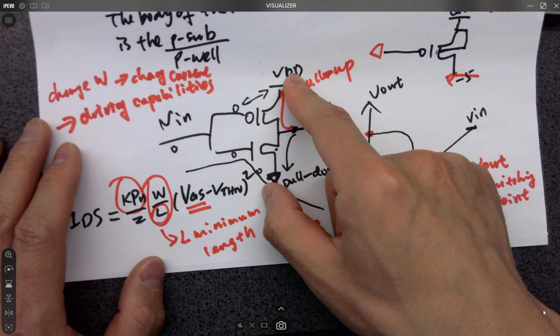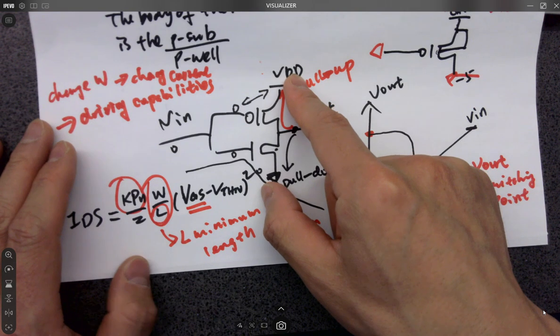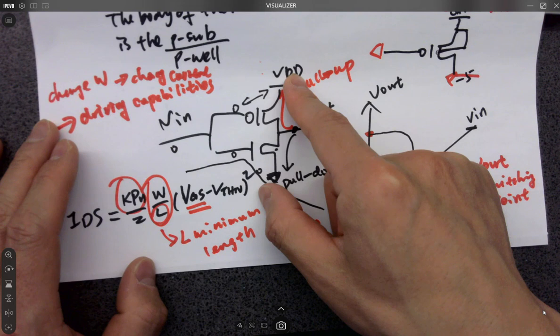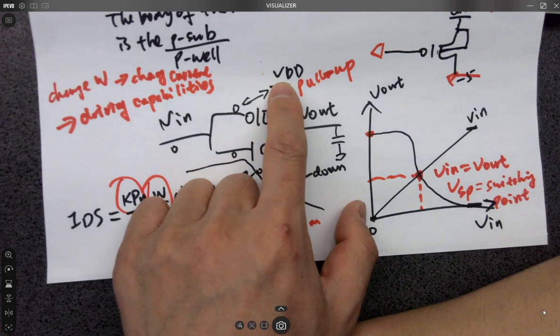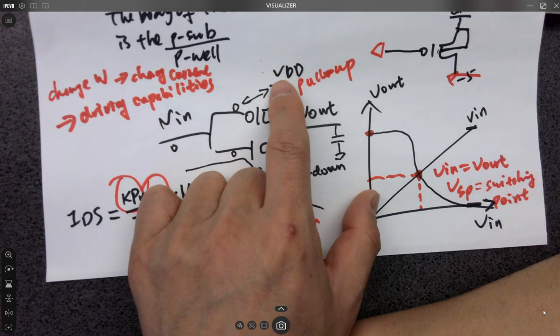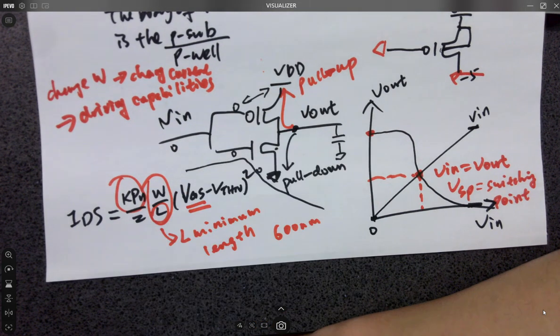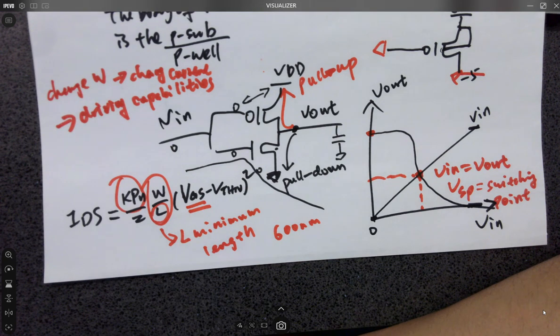Like I said, when you're dumping current to a node, you're pulling that node's voltage up to VDD if it's shorted to VDD. That makes sense? You dump more current, which means you are stronger, which means you can pull that point up to VDD more quickly. So a wider PMOS is going to give you a stronger PMOS on the top.